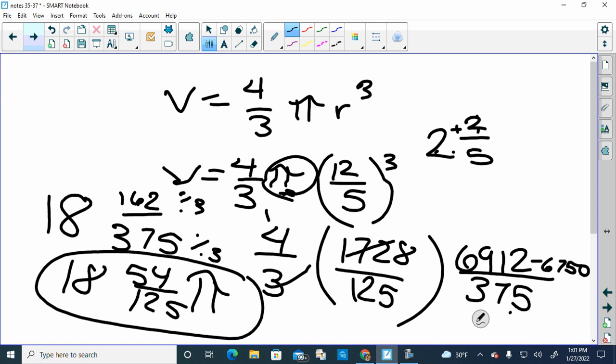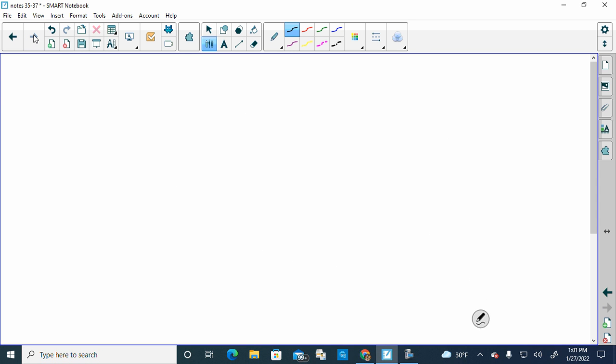Okay, last one. Number 80. What one are we using? Number 80. Right. Okay, so pi r squared is 3. Did they give us pi? What do they want us to use for pi?